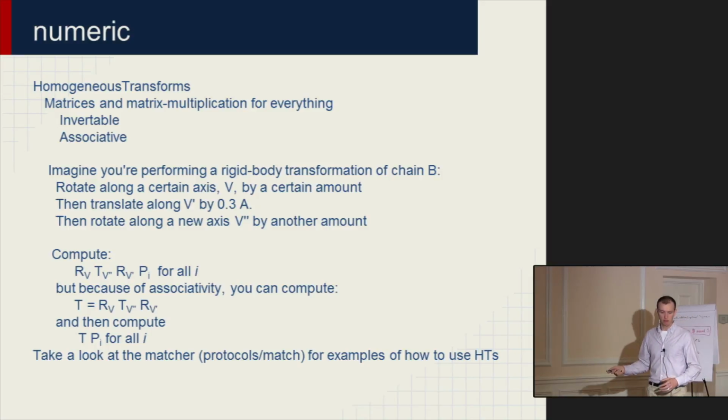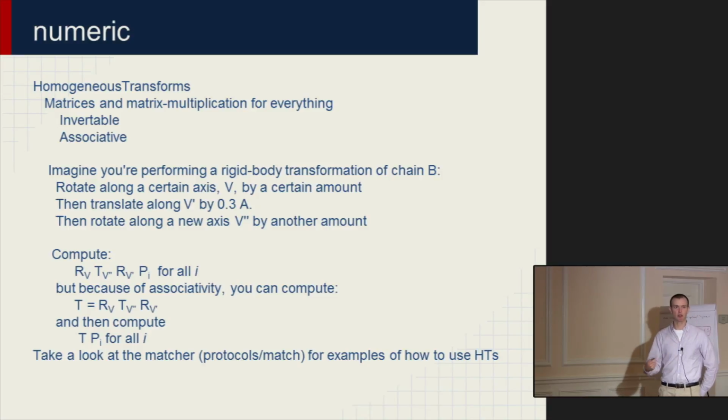What's convenient about associativity here is that you can multiply all of these together and compute this new transform that concatenates them all, and then you have one homogeneous transform that results. And then you can just multiply this new transform times p_i for all i.